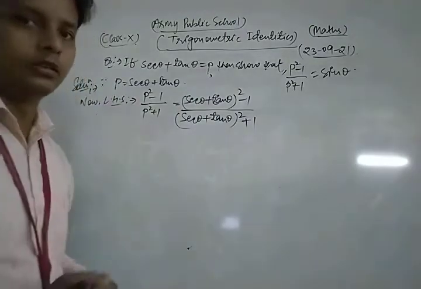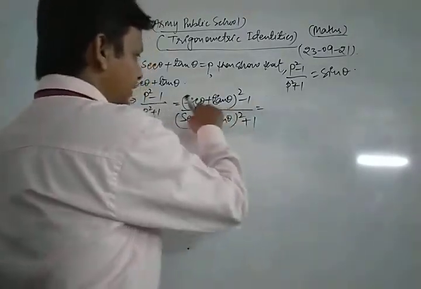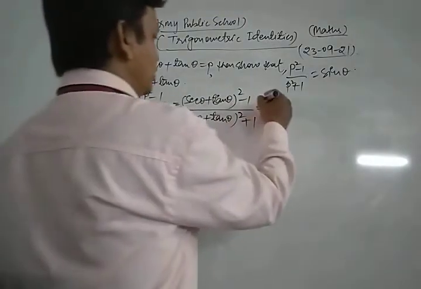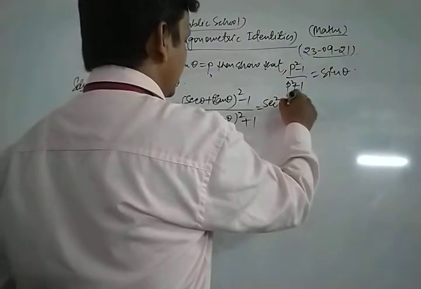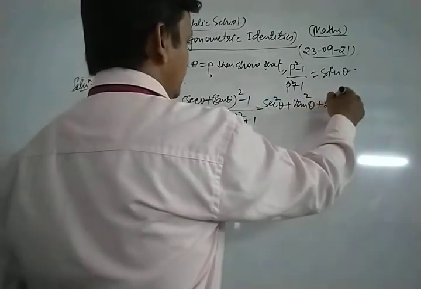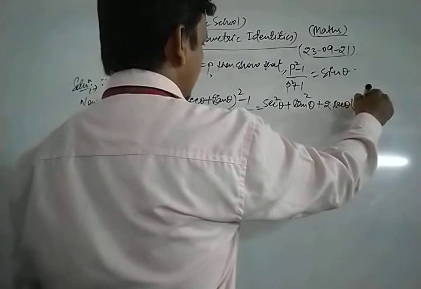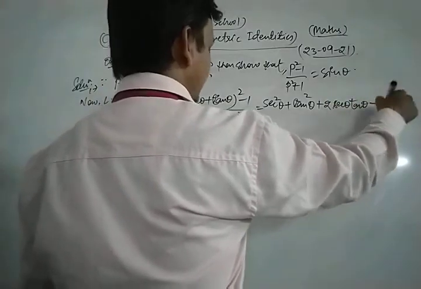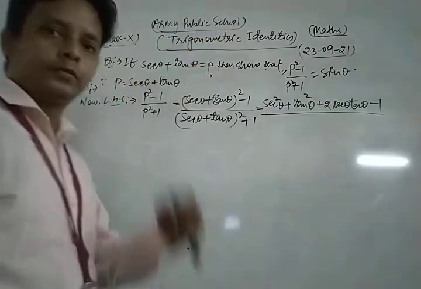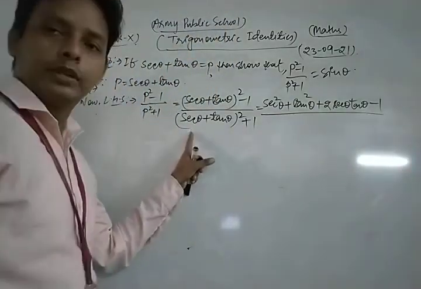Now we expand it. Look, here we expand using the identity a square plus b square plus 2ab. Okay, so look, this is sec square theta plus tan square theta, that is b square, plus 2ab means 2 sec theta into tan theta, minus 1. Okay, divided by, here again we apply the formula (a plus b) whole square.